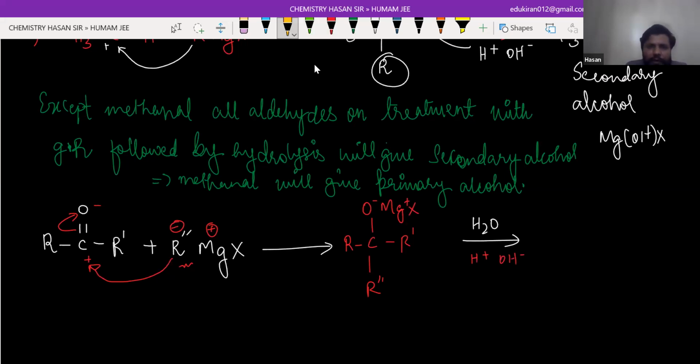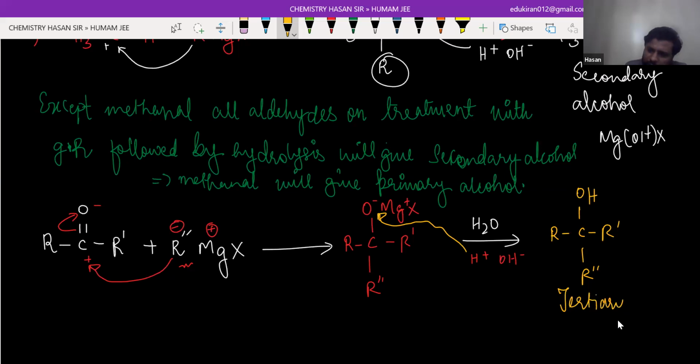You know that after this, H plus will be going to the negative. So what you will get: R, C, R dash, R double dash, OH. That means it is surrounded by 3 carbons, a 3 degree carbon. So it is tertiary alcohol. And the byproduct is constant, MgOHX.